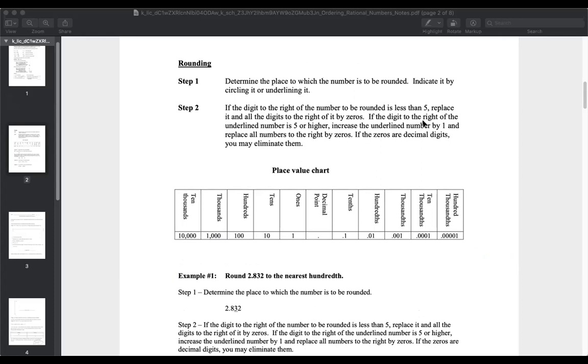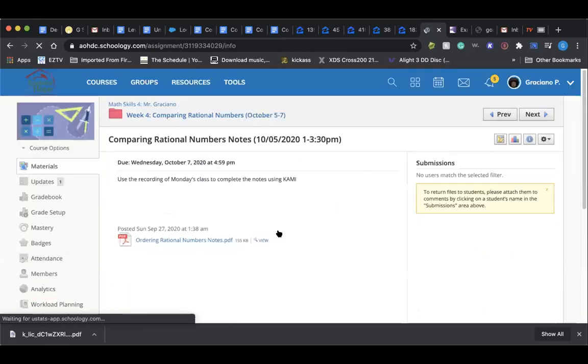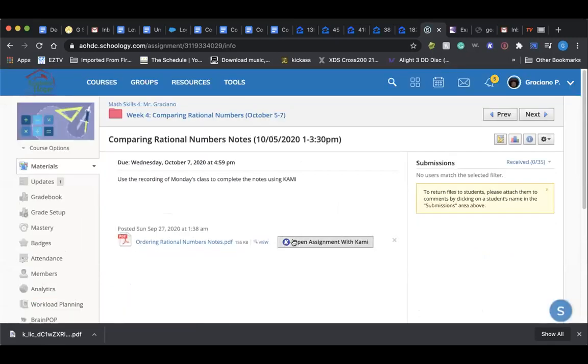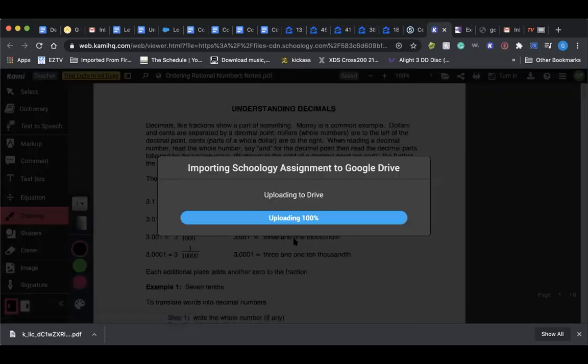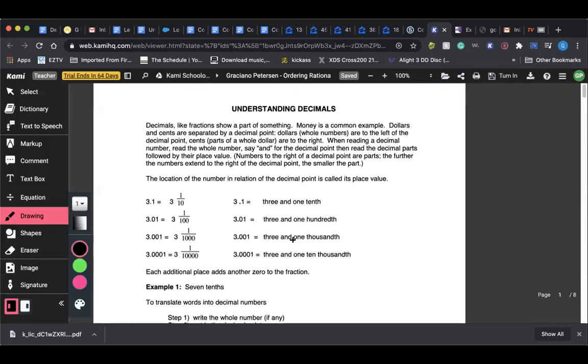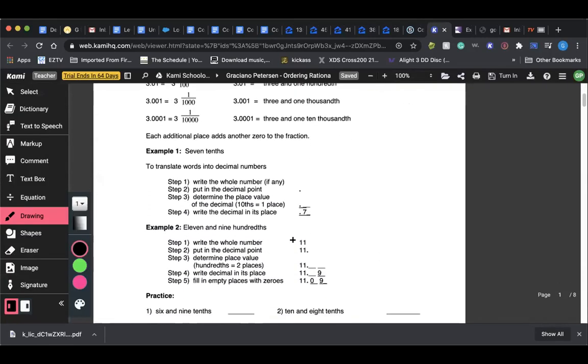Hey, Mr. G, you said I can use the text box for Kami too. Yep. So let me show that for everyone so they can all see how that works. When I open up my notes in Kami, here are my notes open in Kami after all that verification it has to go through, right?